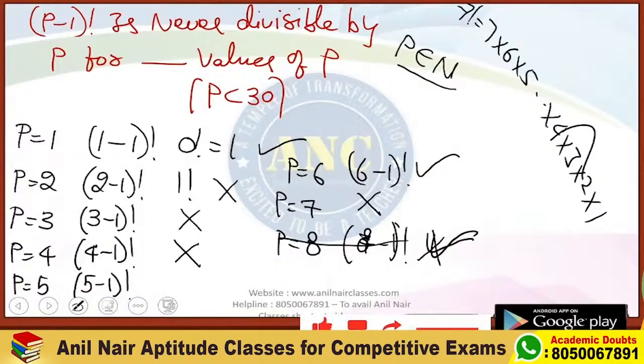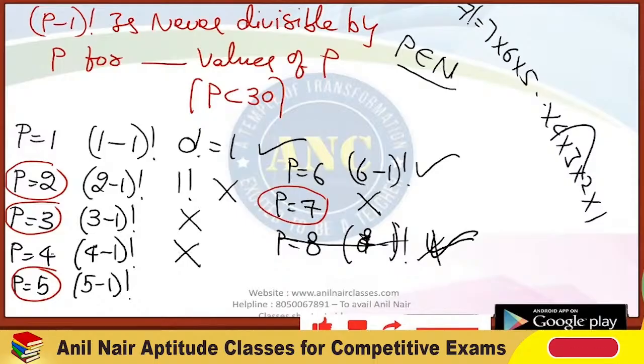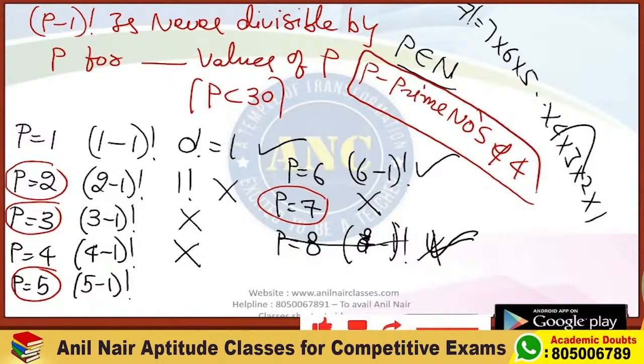Cross marks we got for P equal to 2, a prime number, P equal to 3, prime number, P equal to 5, prime number, P equal to 7. And in addition, we got the case P equal to 4. That means P will take all prime numbers and 4.